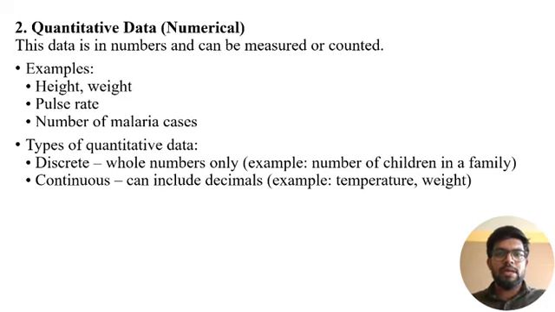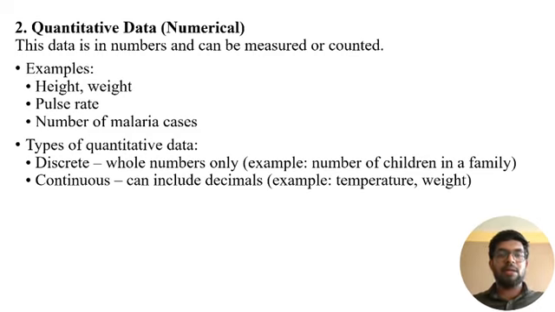The families without a child count as 0, and others have 3 kids, 4 kids, 1 kid, or 2 kids. So it ranges from 0 to 4. This is called discrete data. Only whole numbers, 0 or 1; nothing like 0.5, 1.5, or 2.5. The number of children can't be 1.5 or 2.5, right? It can only be whole.